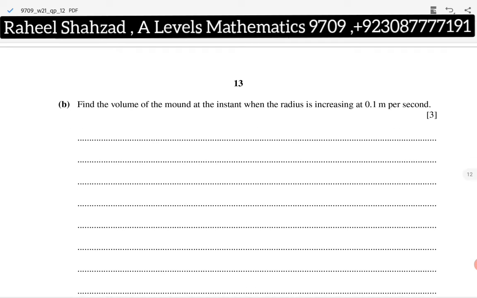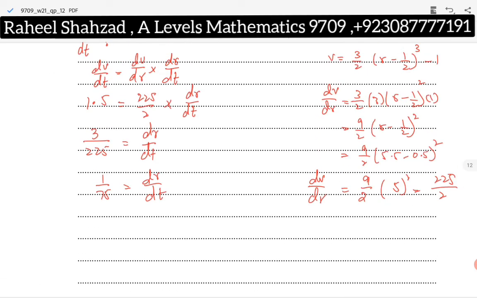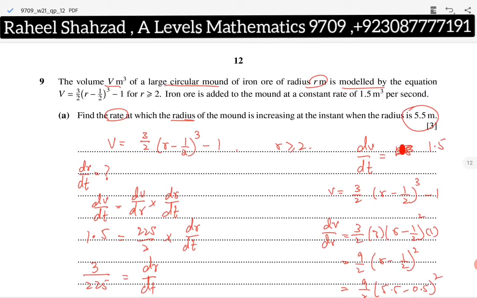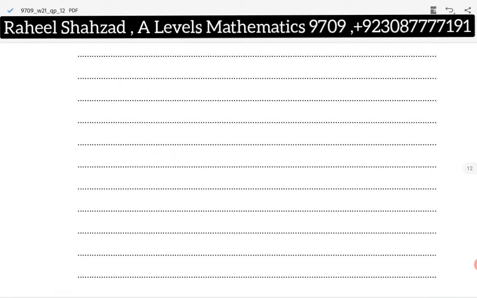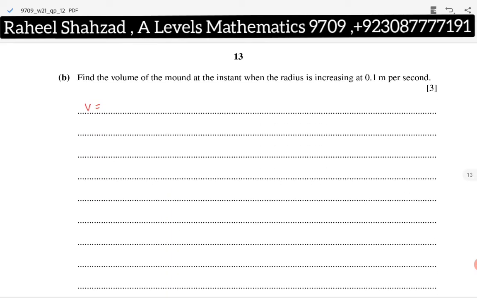now they say find the volume of the mound at the instant when the radius is increasing at 0.1 meter per second. Now in this case, in the question we have the expression for volume, 3 by 2 (r minus 1 by 2) cube.